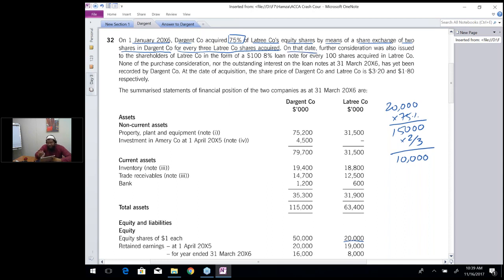On that date, which means on the same date, further consideration was also issued to the shareholders of Latre Company in the form of a $100 8% loan note for every 100 shares acquired in the Latre Company. So we have further issued some loan notes as well.